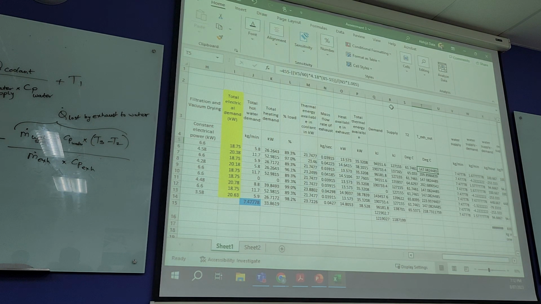Or using this, total electrical. I think the method is a bit different.